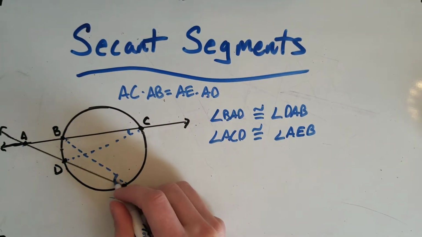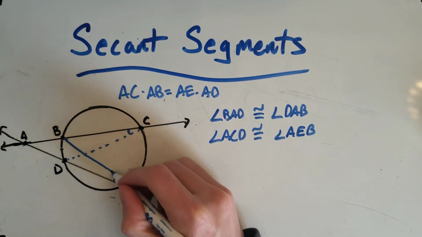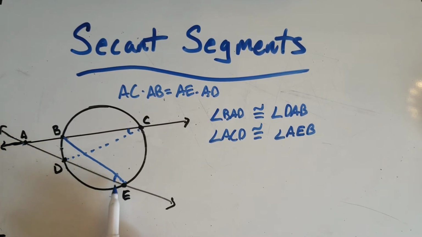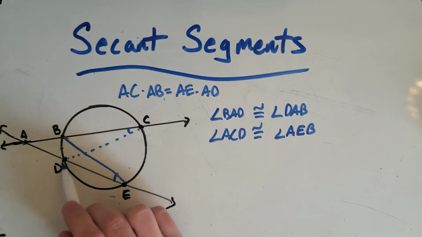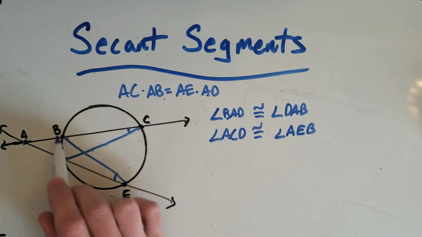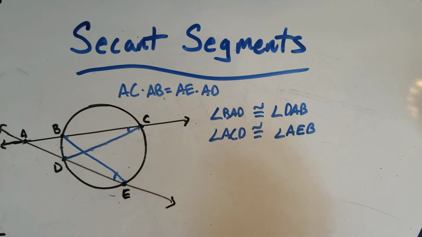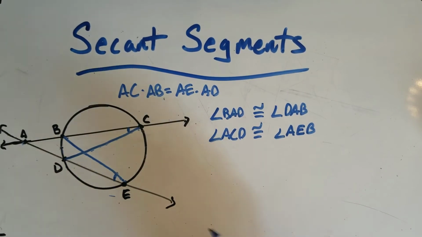The reason these two angles are congruent is, and I'm going to bold these, angle AEB is an inscribed angle, and it intercepts our arc DB. And ACD is also an inscribed angle, and it intercepts the same arc. So if two inscribed angles both intercept the same arc, then they're congruent to each other.